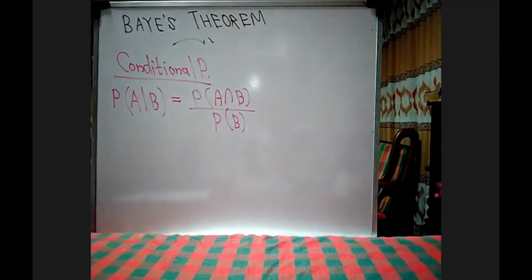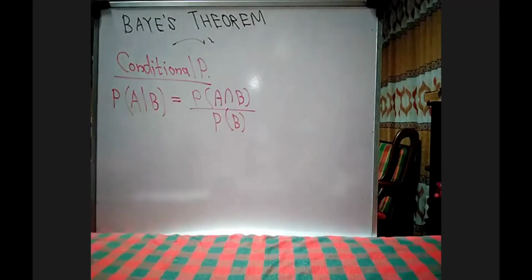The numerator is the intersection of both these events. We must know the intersection probability and also the probability of the second event alone. So that is the equation of conditional probability.